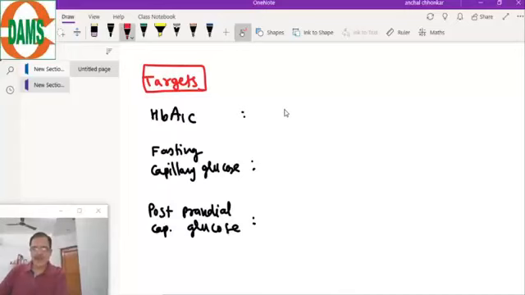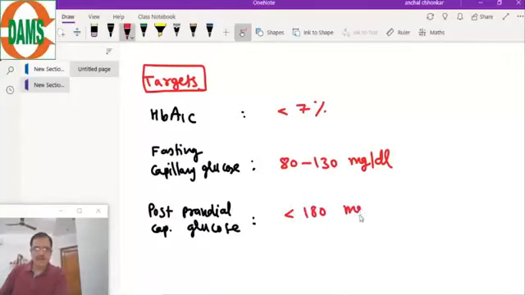So HbA1c target is less than 7%. Fasting capillary glucose is 80 to 130, and postprandial capillary glucose should be kept below 180 milligrams per deciliter. So these are the important targets for a patient with diabetes.